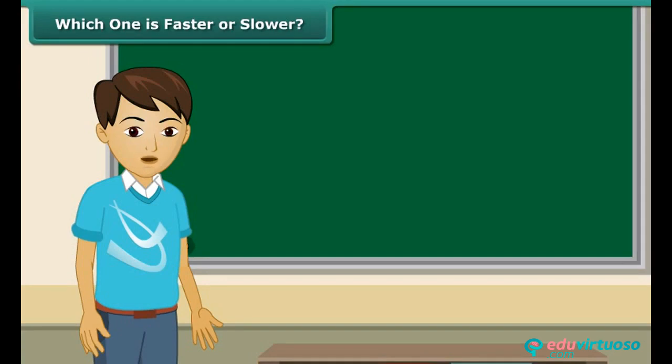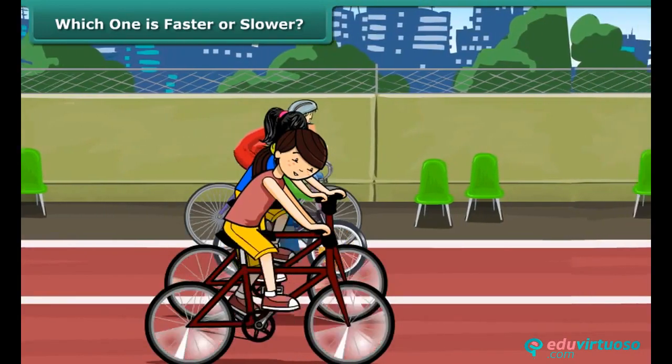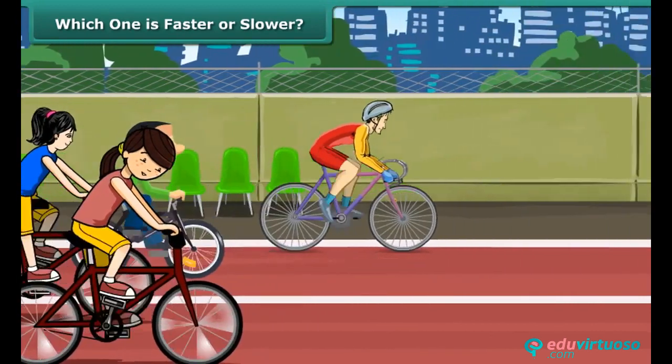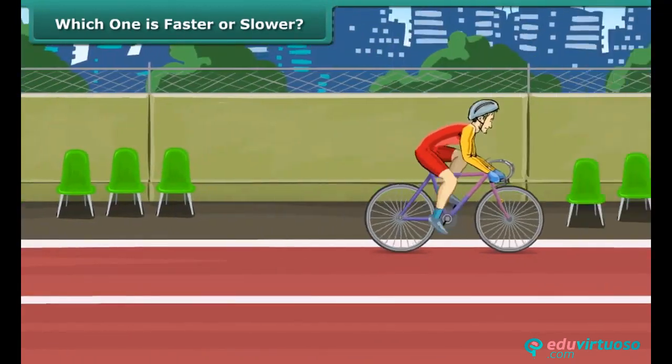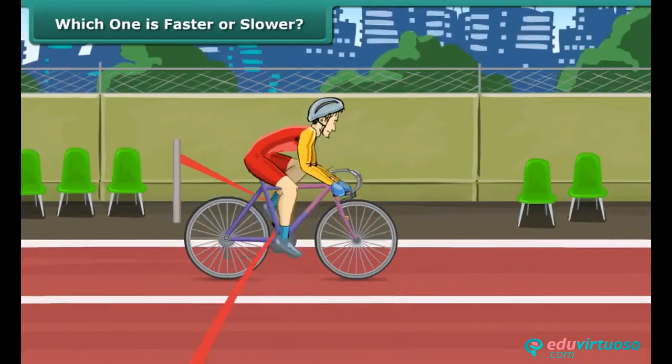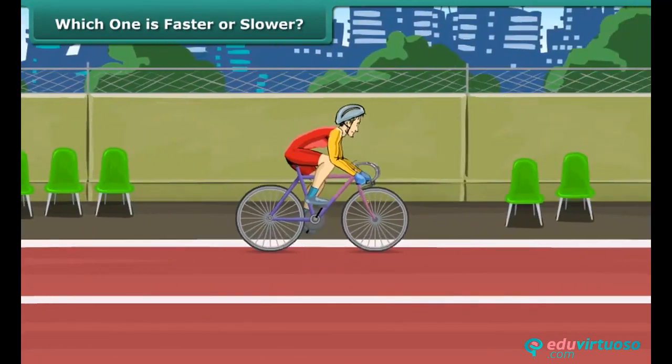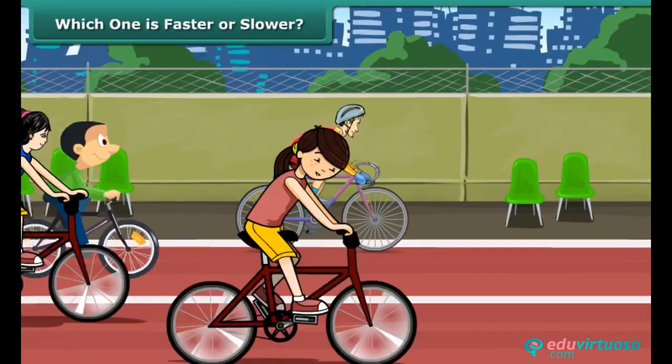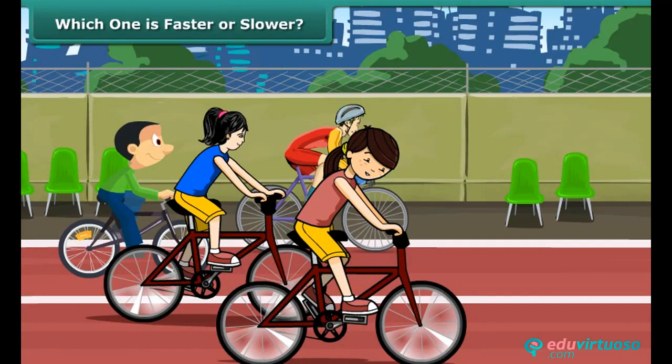Consider a 1,000-meter cycle race. When the whistle blows, the race begins. Every cyclist starts at the same time. Suppose after 10 minutes, one cyclist reaches the finishing line. This means that the winner covered the distance of 1,000 meters in 10 minutes.